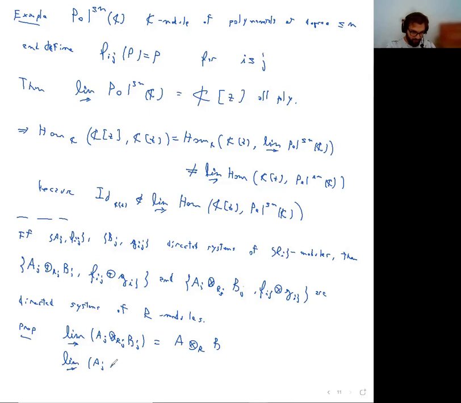So both the sum and the tensor product, where of course A is the limit of A_j, B is the limit of B_j, and R is the limit of R_j.